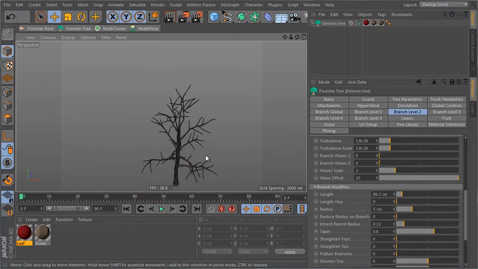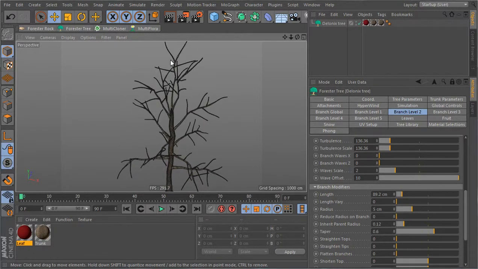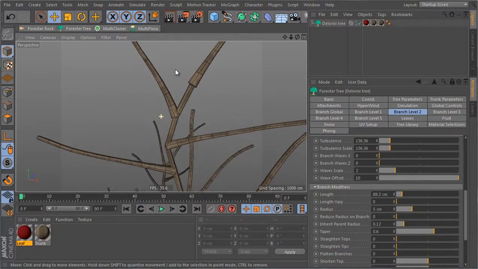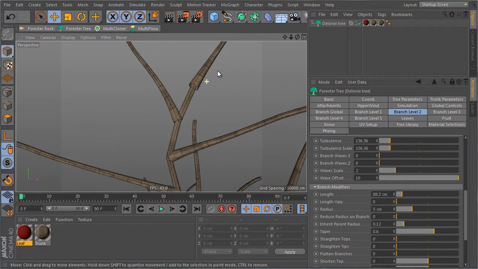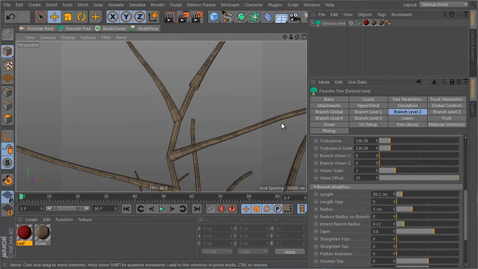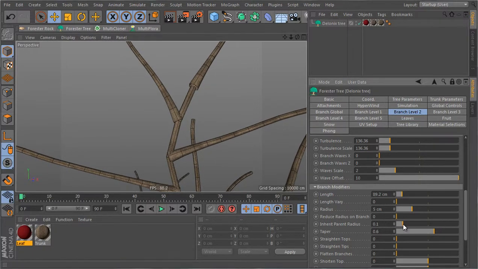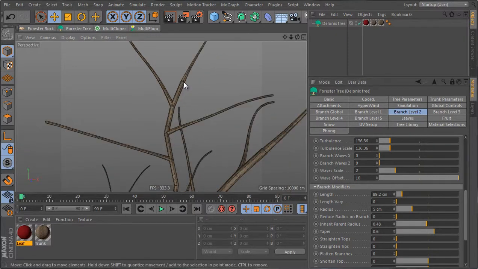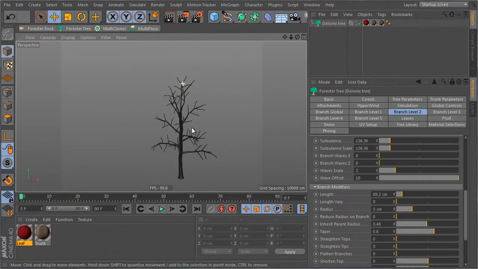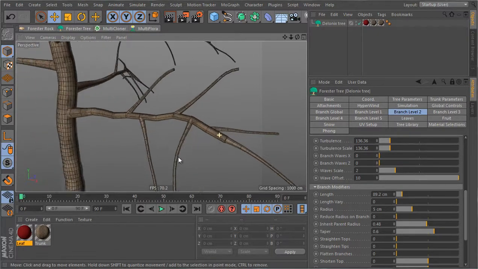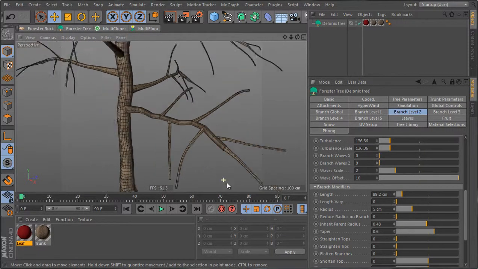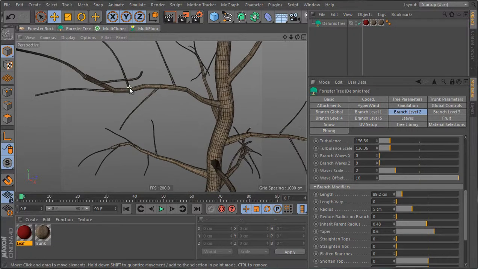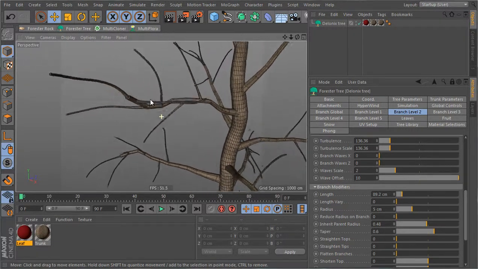So you always fix it from the first branch, and you see the rest of the branches, especially the top branches, whether they work or not. For this, I'm going to increase the inherit parent radius to fix the radius at the top branches. So once you have fixed it at the base and at the top, then all the other branches would work as well.